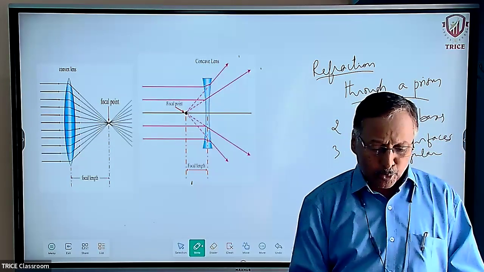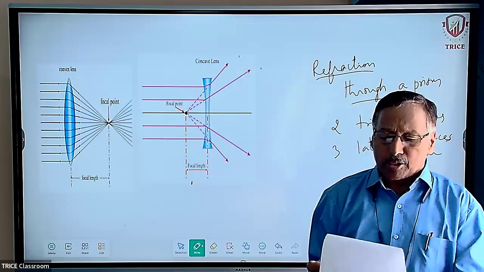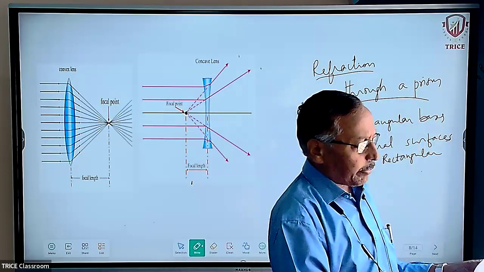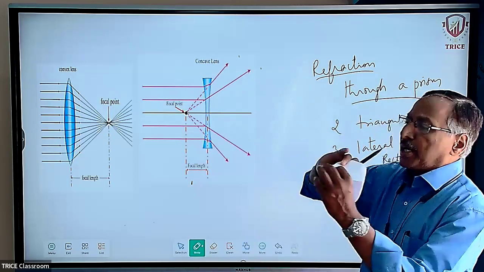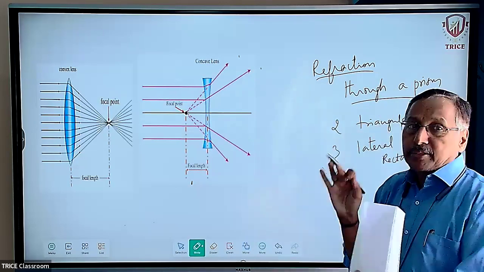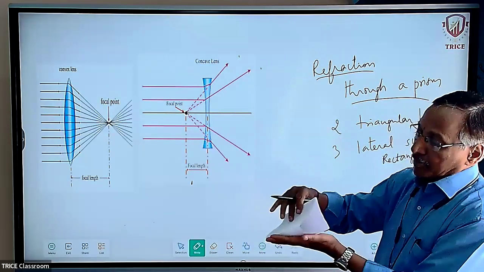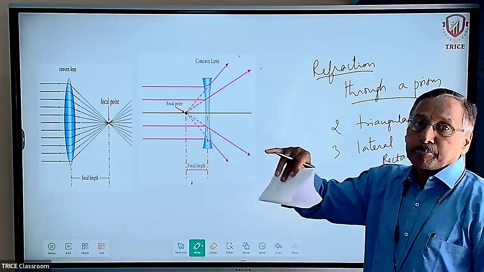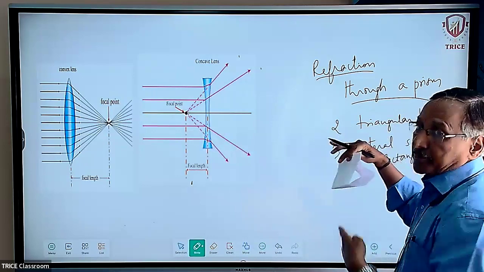See, two triangular bases are there, one on this side and another on this side, and three lateral surfaces: 1, 2, and 3. That is a prism. So allow a light ray to fall on one side.